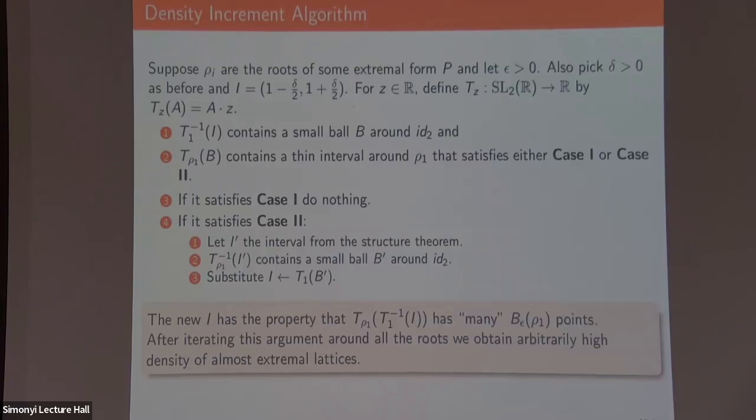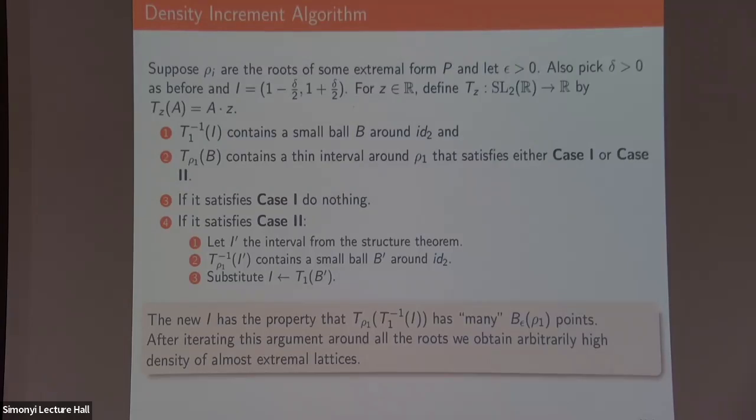Yes. All right, so maybe I should say here, in case the algorithm is confusing, that if you're in case 1 and you do nothing for the root rho 1, then after you go to root rho 2 and possibly do case 2 for rho 2, you might have to return to rho 1.